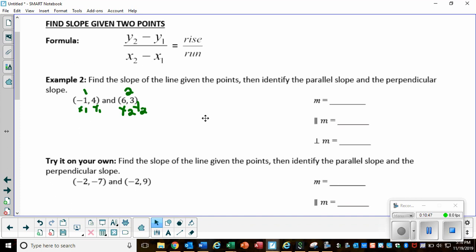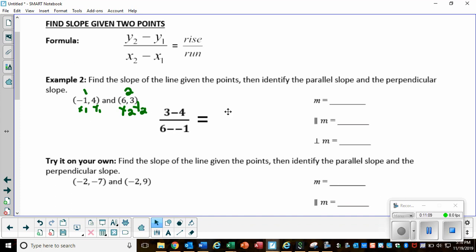So it gets set up like this. 3 minus 4 over 6 minus the negative 1. Now, 2 negatives will make a positive, so you can end up adding. But you just need to make sure that those minus signs are definitely in your problem. Do not replace it with a negative sign. Okay?